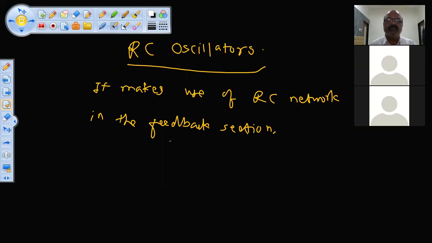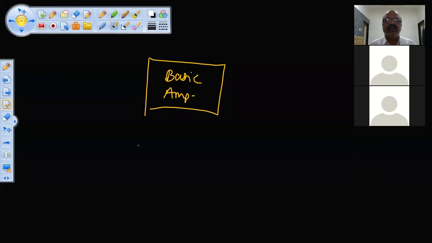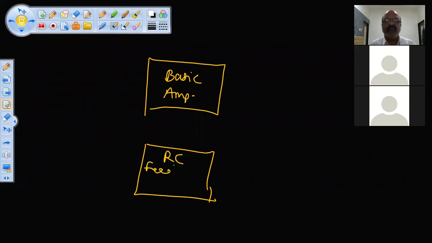So as usual, this is the basic amplifier. This is the feedback network. Now this is not simple feedback, it is an RC feedback network. This is the output of your amplifier.